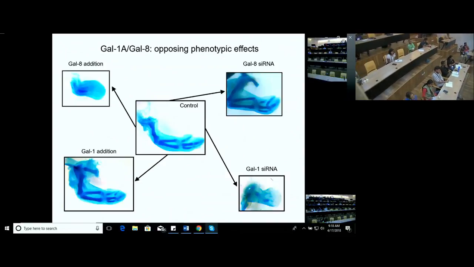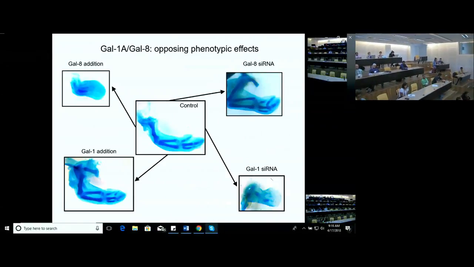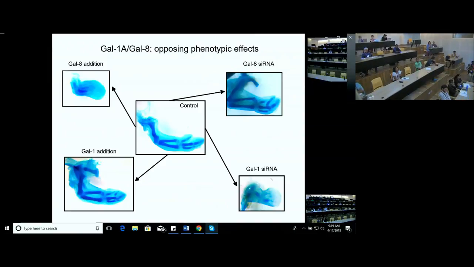Okay, now doing a whole bunch of experiments that involved knocking down these galectins with inhibitory RNAs, or overexpressing the galectins by injecting messenger RNA, or using other methods of blocking or enhancing, we found that the phenotype that we got, and this is a stained limb, and you see the skeletal structures.